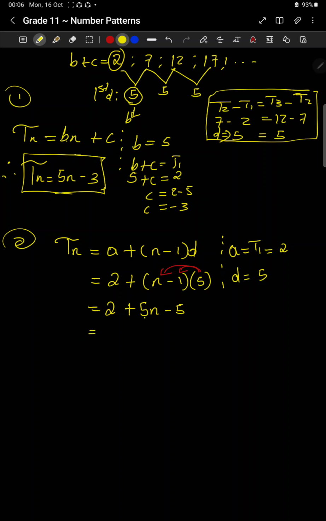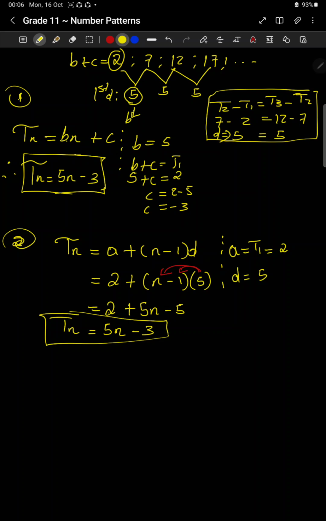And then we bring this one up front because it has a variable, which is 5n, and then 2 minus 5 must be negative 3. So that one is Tn. You can see that this one is the same as this one, meaning that you can use the second method, or maybe you can use the first one.